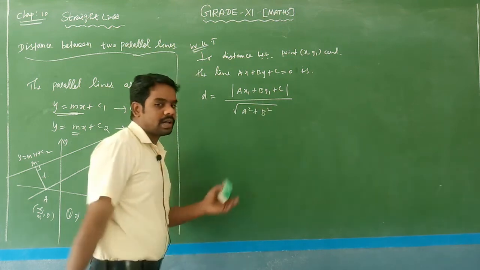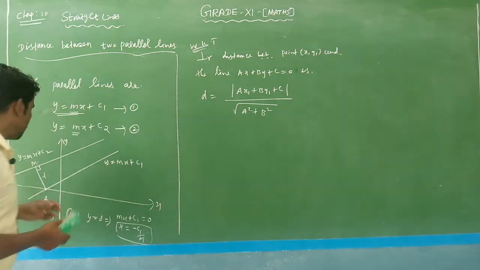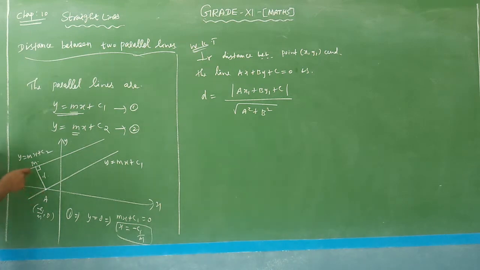Okay, previous formula. Here the required answer AM is the distance between two parallel lines.